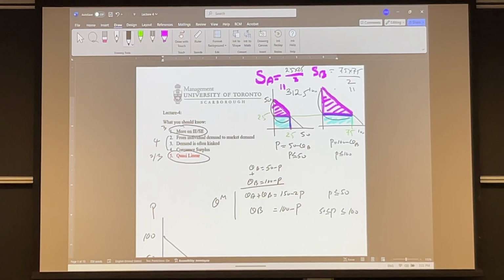What about the second one? 75 multiplied by 75 divided by 2. How much? 2,812.5. One more time.